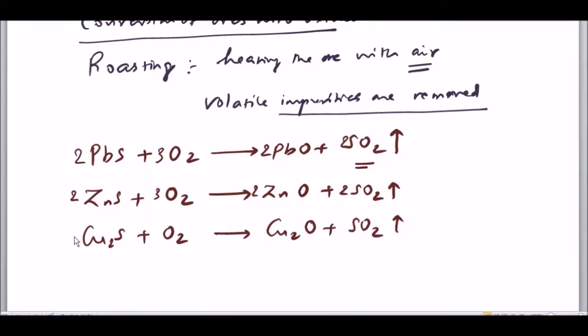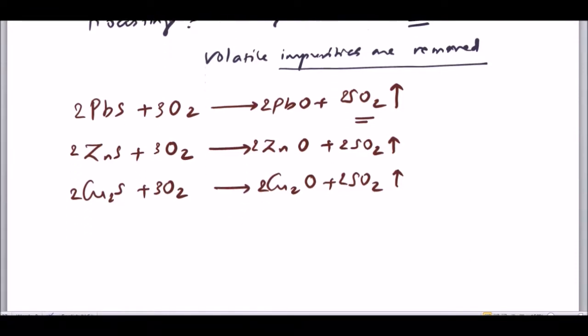The same numbers can be used for balancing this equation also. So in all these steps, the sulfides are mainly converted into their oxides. And this is happening in the roasting procedure. Roasting is done in a suitable furnace, okay, in which the ore is heated along with air.